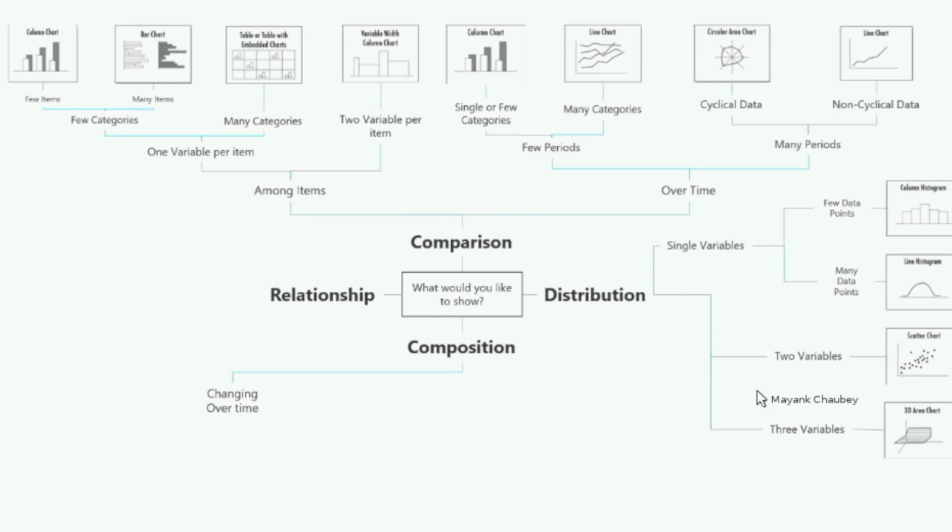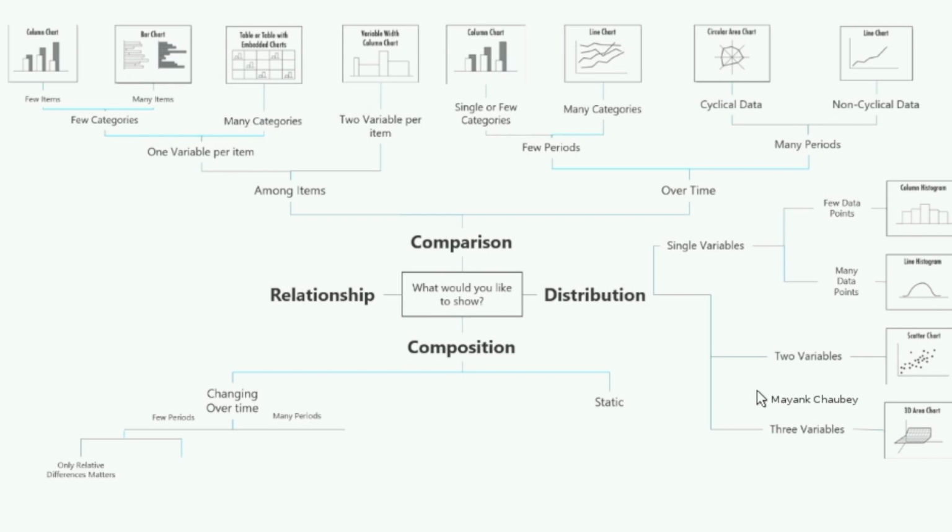Now the composition. Composition is where you want to analyze how much one thing is a part of the whole. For that there are two ways to analyze it: one is changing over time and second is static. Changing over time, similar approach: few periods, many periods.